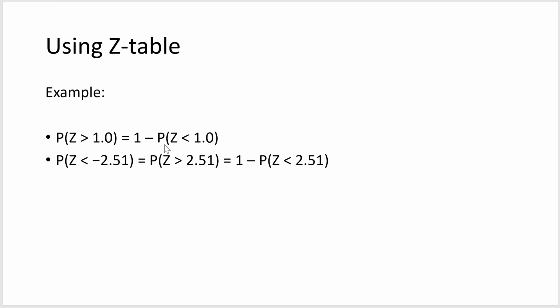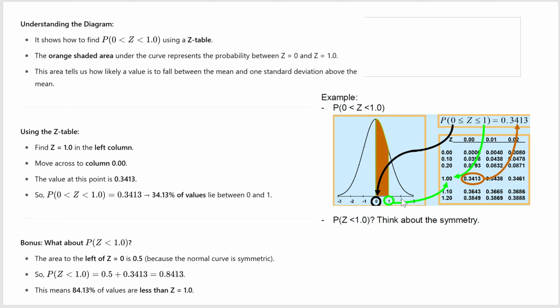The question is, what is the probability that a student's score will be greater than z equals 1? What is the probability that the score will be less than, so this is a typo, or z is greater than 2.51? Then it is 1 minus P(z less than 2.51). So this becomes a larger or smaller area.